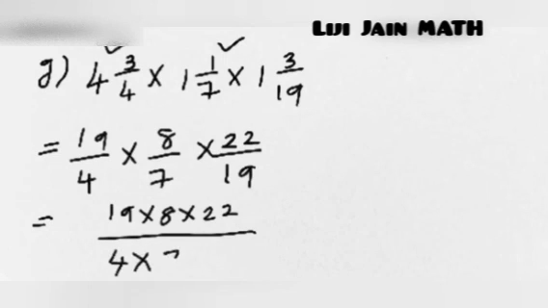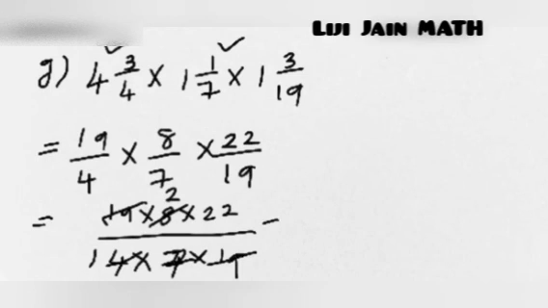Then what has to be done? Yes, cancel the common factors. Which are the common factors? This 19 and this 19 can be cancelled. Perfectly cancelled, isn't it? Anything else? Yes, 4 and 8 can be cancelled by 4's table: 4 ones are 4, 4 twos are 8. Anything else?